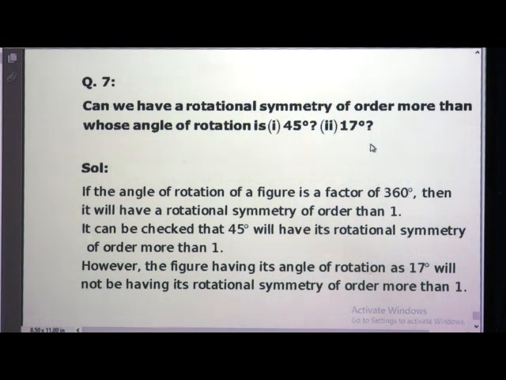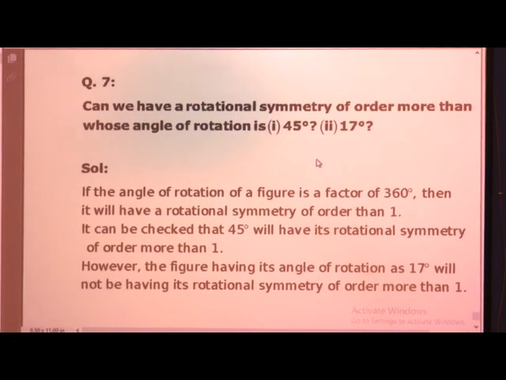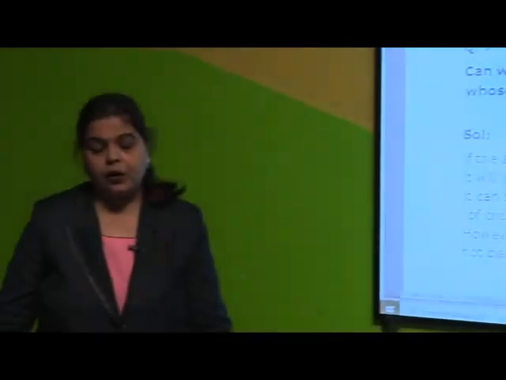So it is not possible to find the order of symmetry for an angle of 17 degrees. There is only order 1 rotational symmetry.